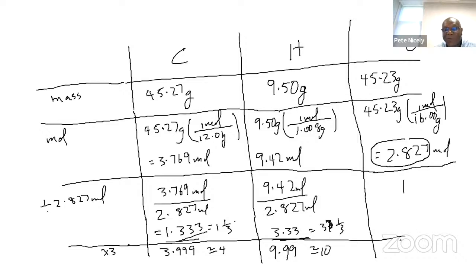And if you multiply 1 by 3, you're going to get 3 here. So the empirical formula, I'm going to write that up here. The empirical formula in this case would be equal to C4H10O3.